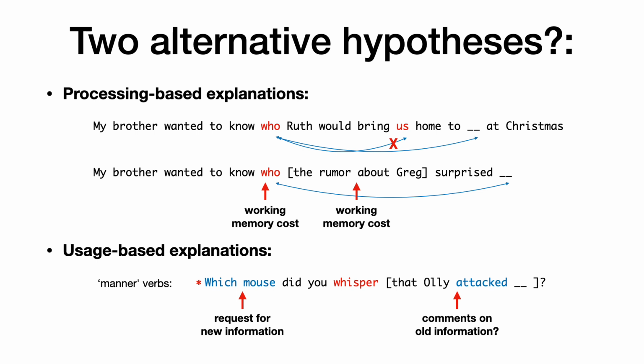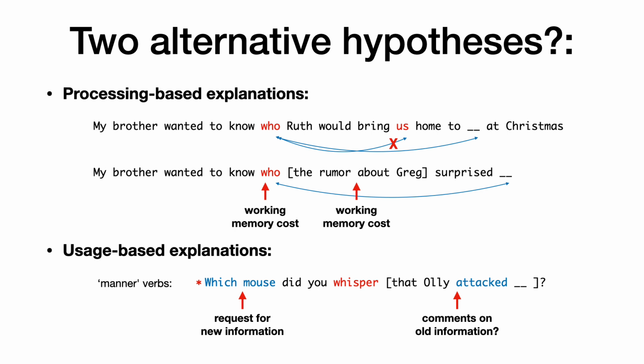That sentence can be a statement about what Ollie attacked according to you, right? That's one way to think about it. So the claim here is that a verb like whisper tends to background the complement clause more, and it's kind of anomalous to try to request new information about something that in the same sentence you are marking as already established and old, right?